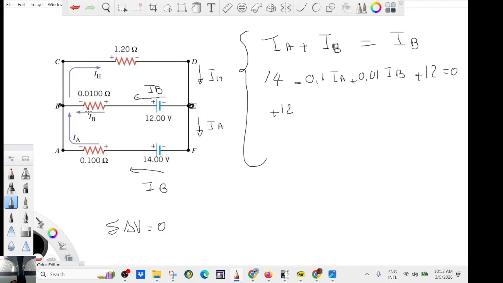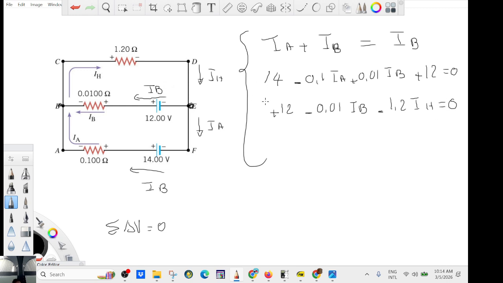And then from here to there, is it a drop or a gain? A drop. So minus 1 0 1 IB. And then this is a drop also, right? So minus 1.2 IH.